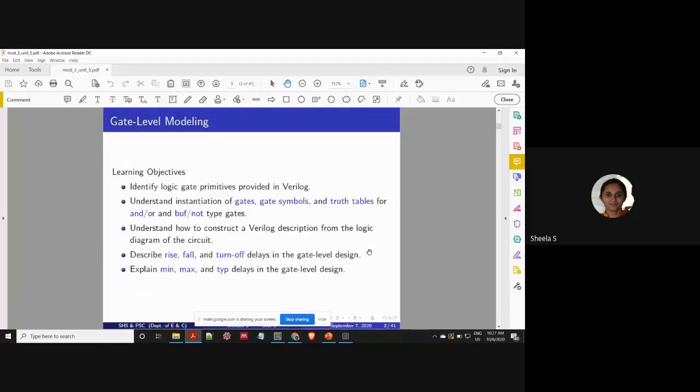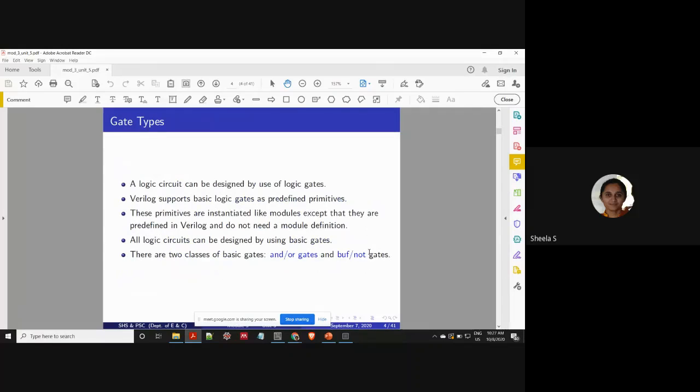Now, the first thing we have is when we consider the logic gates. In the library there are some predefined gates, called primitive gates, which are already available. We need not declare that module once again. Those gates can be divided into two groups.